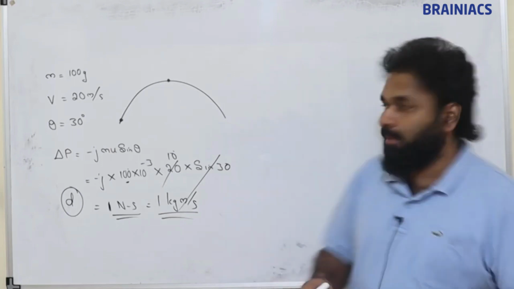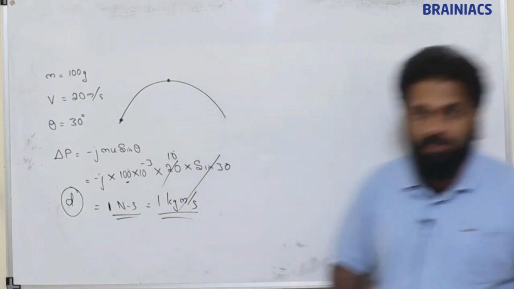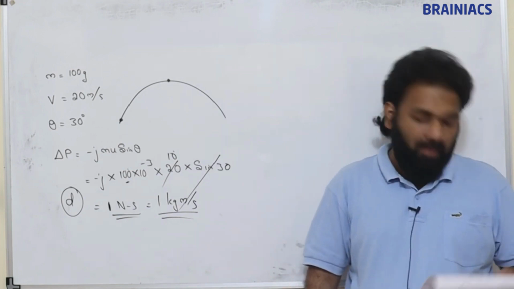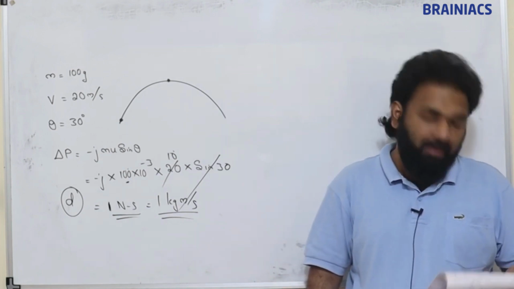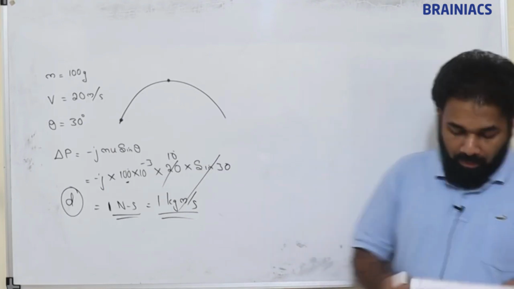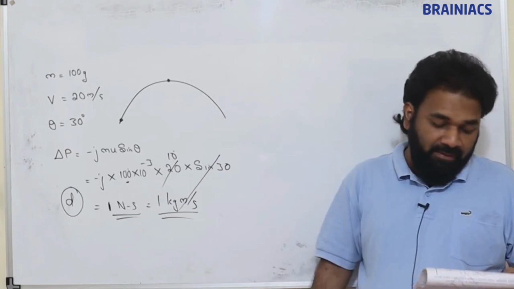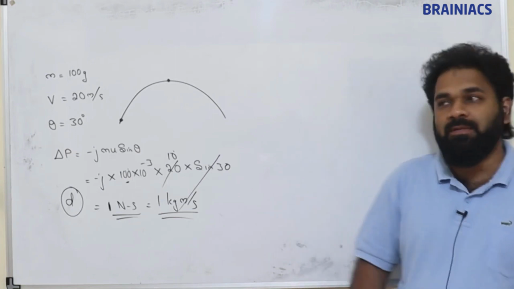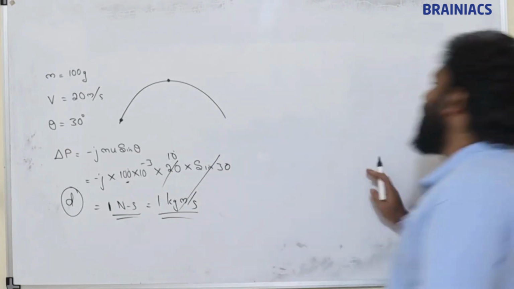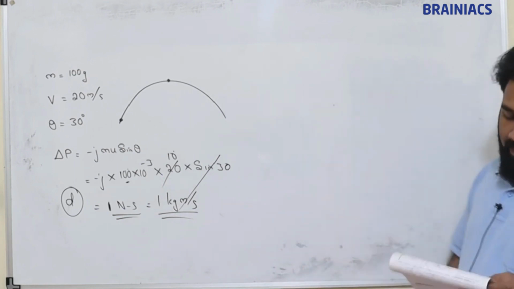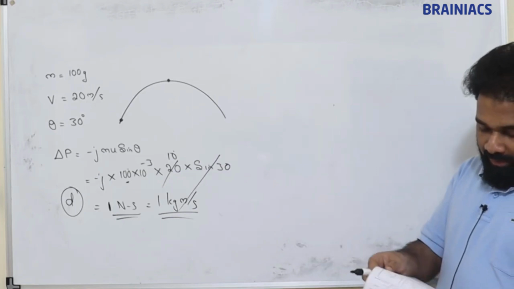Third question. Shall I read? Two equal masses are projected at the same angle theta from 2 points separated by their range with equal velocities. So everything is same: same mass, same angle, and same initial velocities.